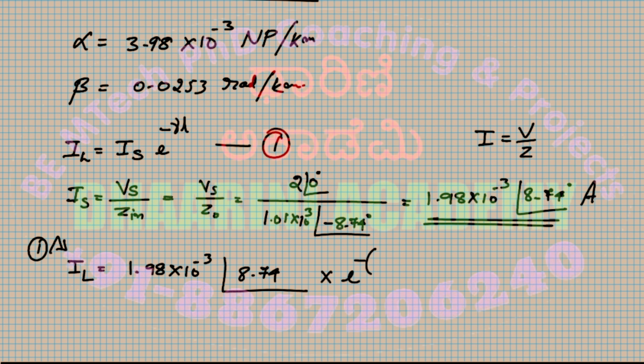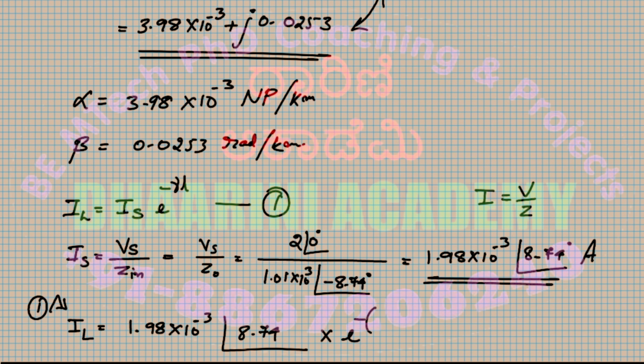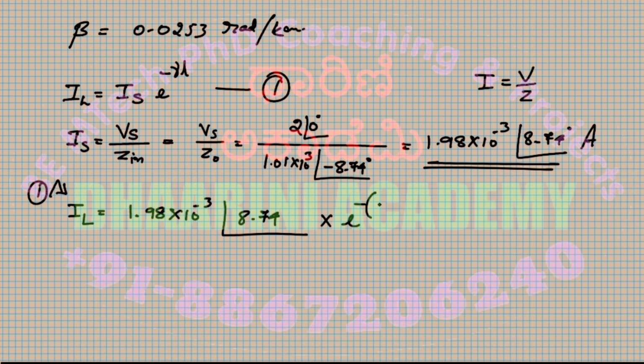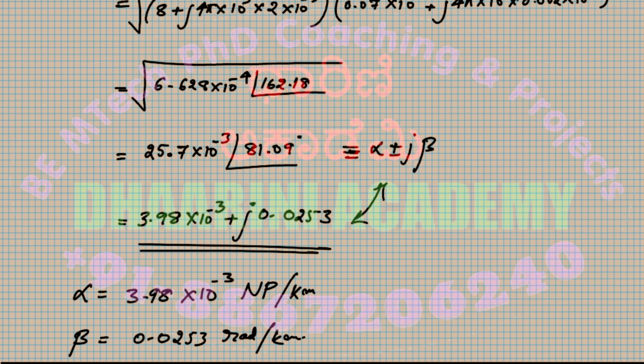I prefer substituting in the R angle theta format: 25.7 into 10 to the minus 3 at an angle 81.09, because we took a square root of that.